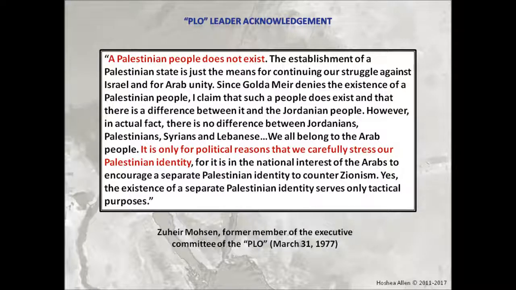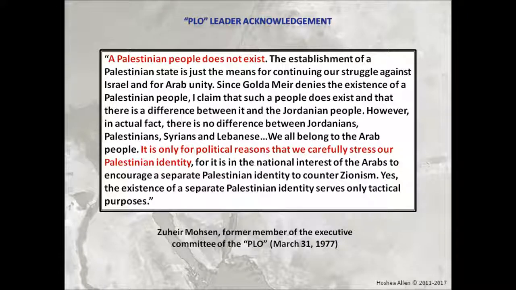"A Palestinian people does not exist. The establishment of a Palestinian state is just the means for continuing our struggle against Israel and for Arab unity. Since Golda Meir denies the existence of a Palestinian people, I claim that such a people does exist, and that there is a difference between it and the Jordanian people. However, in actual fact, there is no difference between Jordanians, Palestinians, Syrians, and Lebanese.